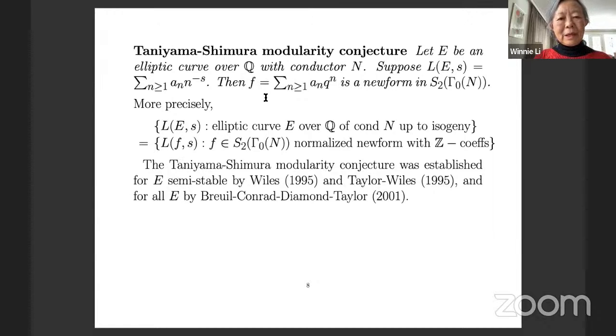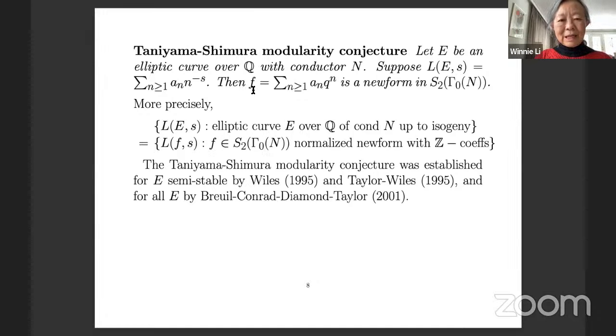So here we talk about an elliptic curve over Q with conductor N. Then its Hasse-Weil L function is equal to the L function of a weight 2 cusp form for Gamma_0(N).